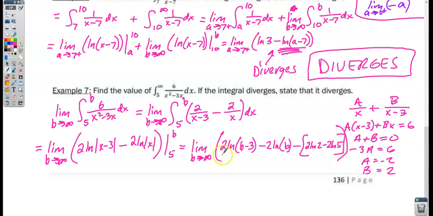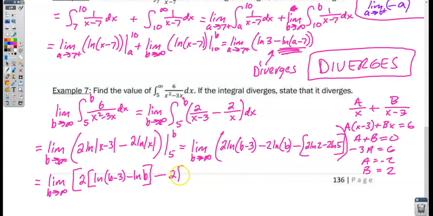Okay, now these two terms here, I can factor a 2 out of that. This becomes the limit as b goes to infinity of 2 times the quantity natural log of the quantity b minus 3 minus the natural log of b. And this one, same thing, I can factor a 2 out: 2 times natural log of 2 minus natural log of 5.